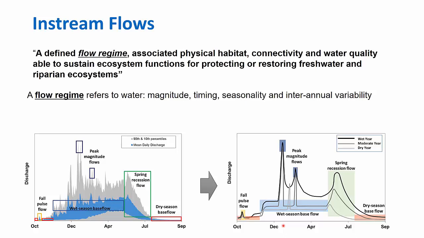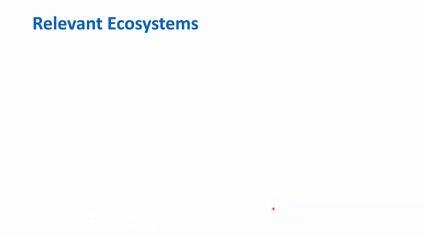So these flows will sustain ecosystem functions, will sustain activities that are beneficial for what is living in the rivers. A flow regime refers to magnitude, timing, seasonality, and interannual variability. So that's basically what we're seeing here.